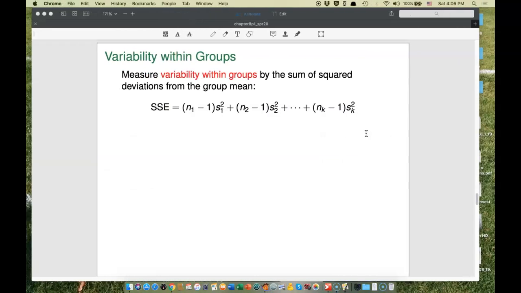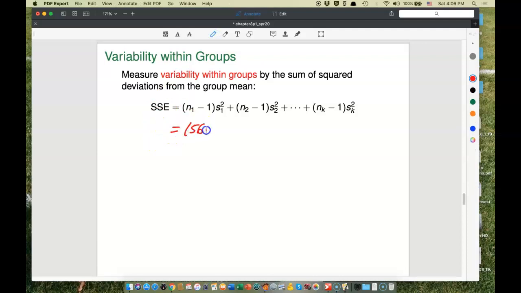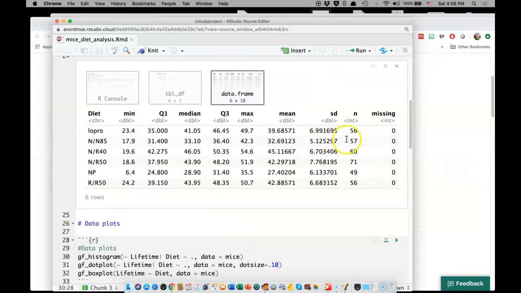So 56 minus 1 is the first degrees of freedom. So 56 minus 1 times, I think it was 6.99 squared. And now we're going to go down the line for each of these, take the degrees of freedom times the standard deviation squared.